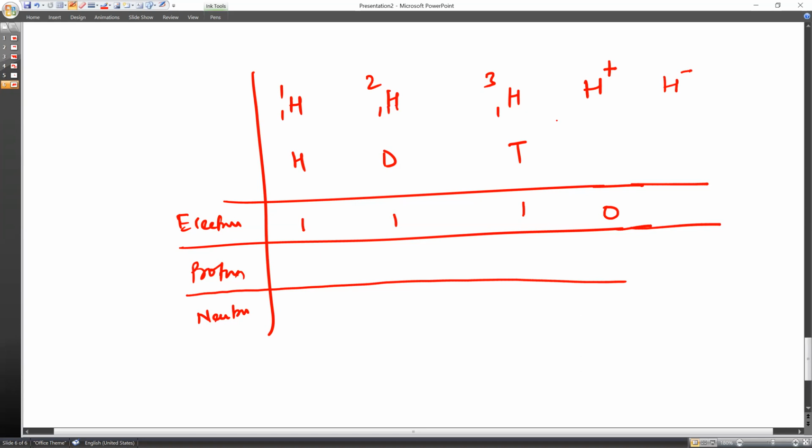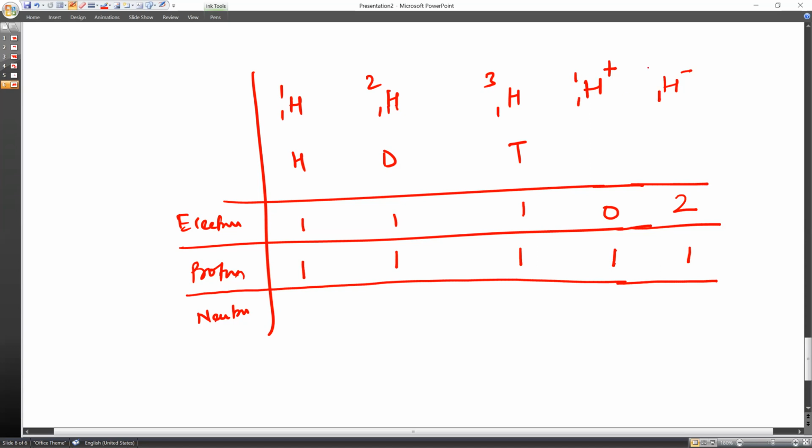How many are there? 2. Yes, it will be 2 because it already has 1 and 1 has been borrowed. Now proton: 1, 1, 1, 1, 1. Proton will be the same in all because all of them have the same atomic number.